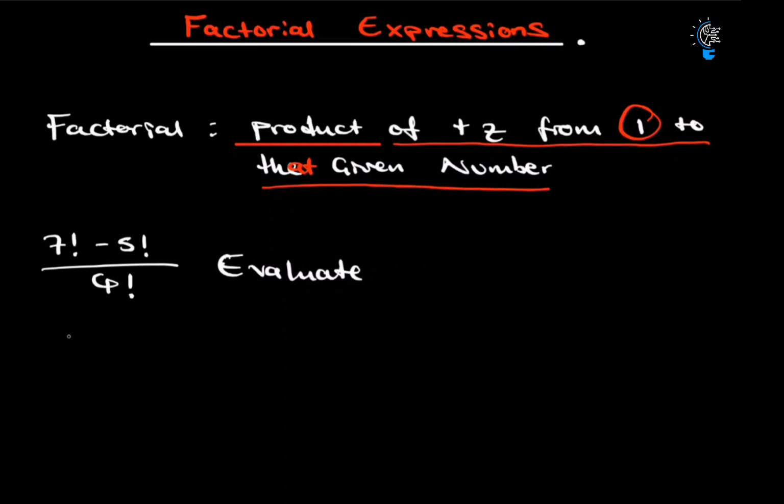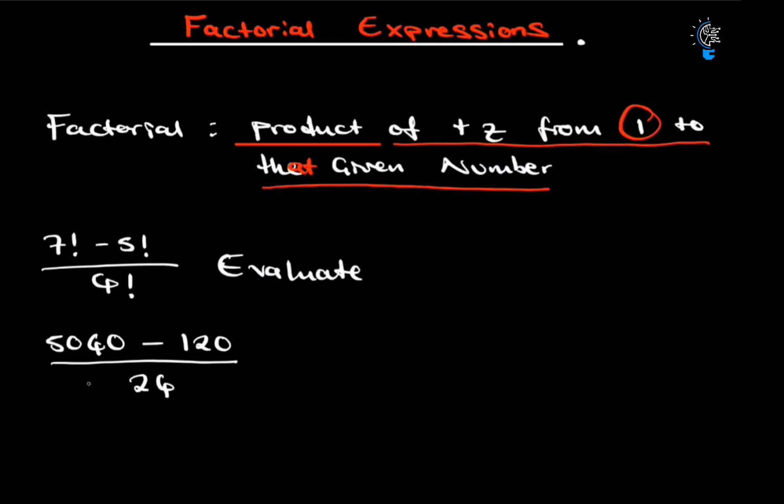7 factorial, once you punch that into your calculator, you're going to get 5040. Minus 5 factorial, that's 120, divided by 4 factorial, that will be 4 times 3 times 2, that will be 24.